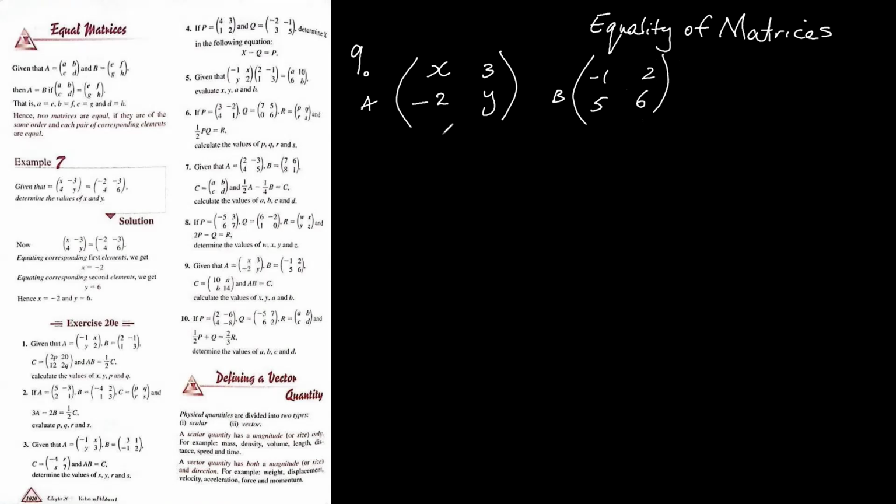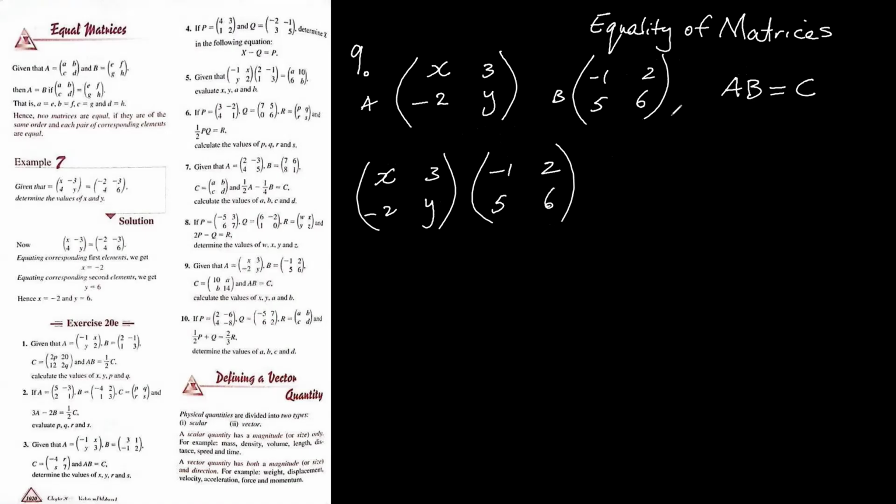I'm going to call people and ask them, because we want A times B equals C. So I'm just going to multiply it and then put what C is. Let's work together. A is X, -2, 3, and Y. B is -1, 5, 2, and 6.